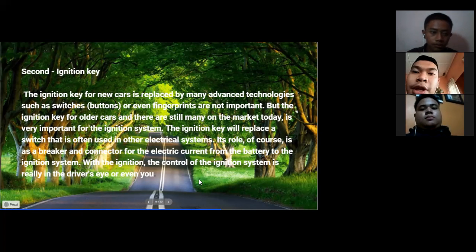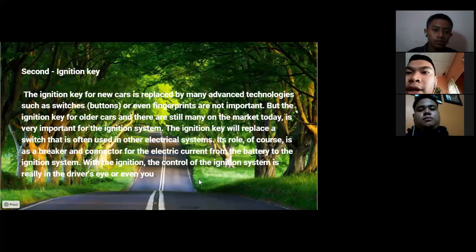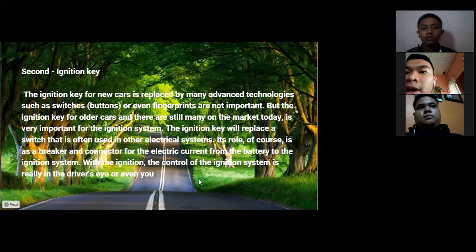Second, ignition key. For the new cars, the ignition key is replaced by many advanced technologies, such as a swipe button or even a fingerprint, so it is not important. But the ignition key for the older cars, and there are still many on the market today, is very important.